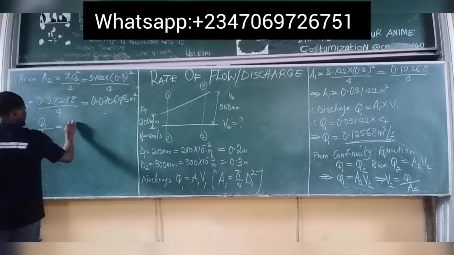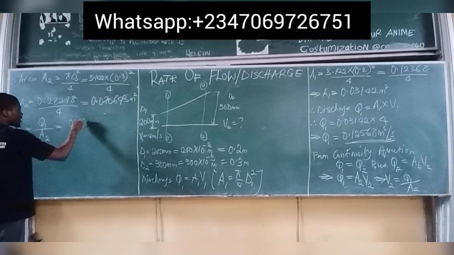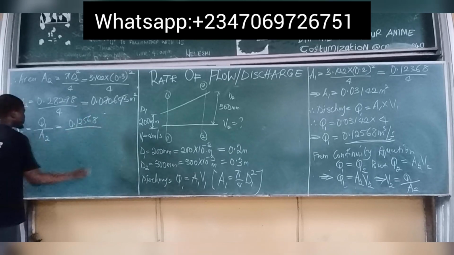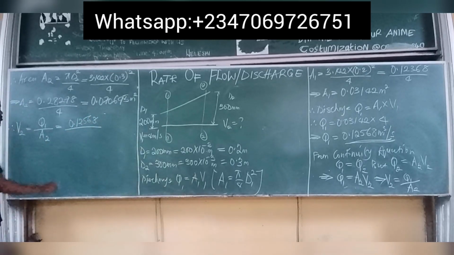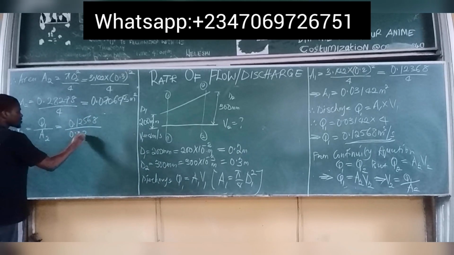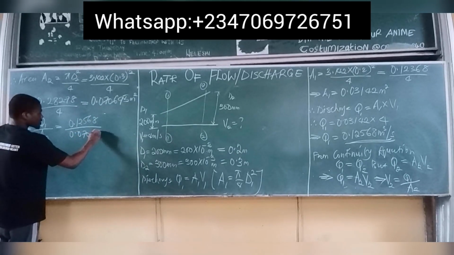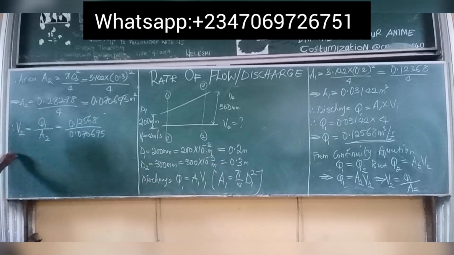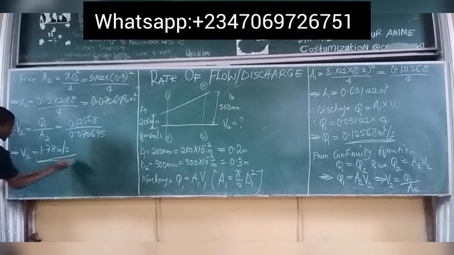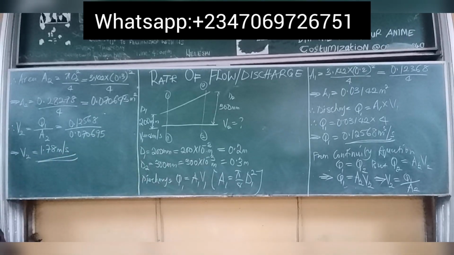So we have 0.12568 all over the area of the pipe at section 2, which is 0.070695. So the velocity at section 2 is equal to 0.12568 divided by 0.070695. That gives us 1.78 meters per second. So that becomes the velocity of the pipe at section 2.